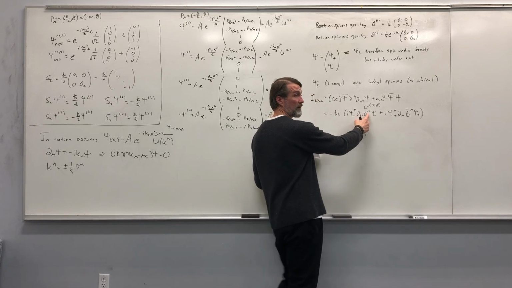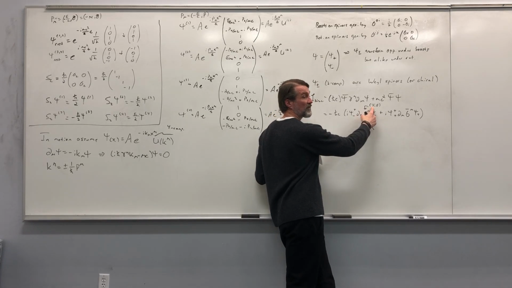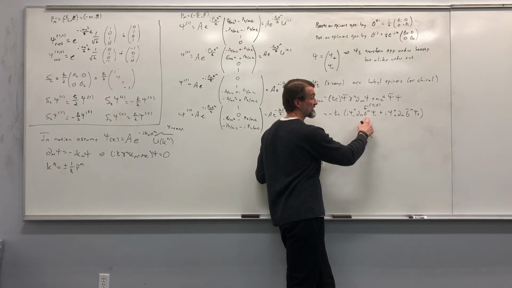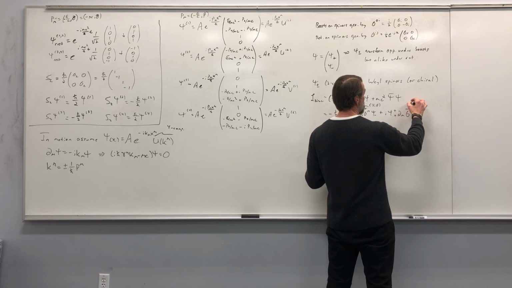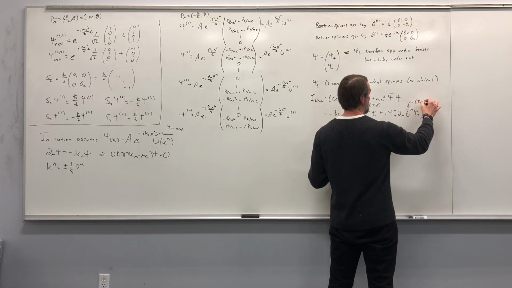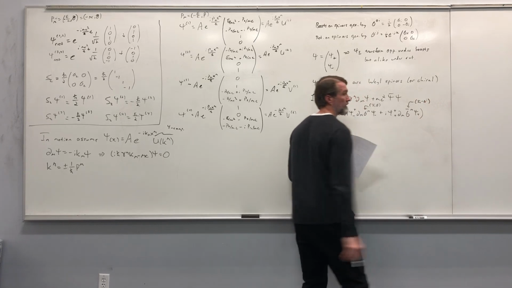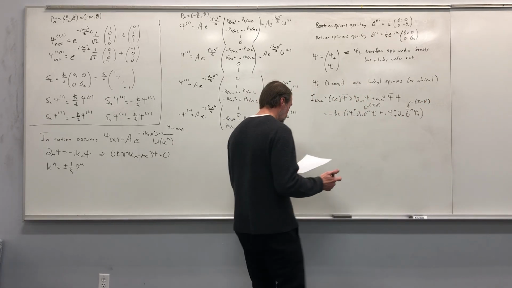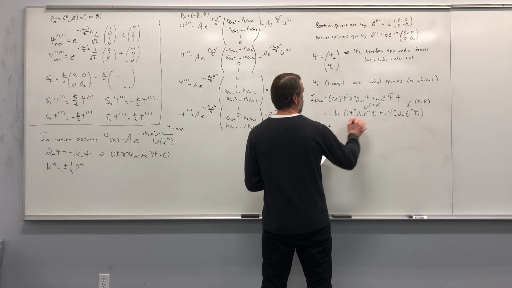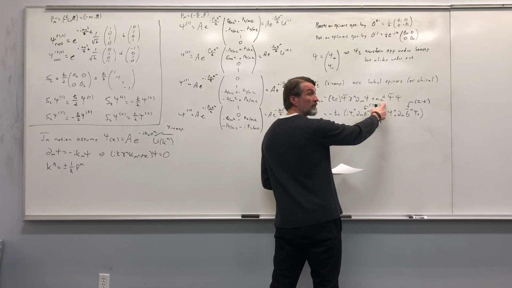So this is a 4-component set. The 0th component is just the identity, and the spatial components are the 3 Pauli matrices. That's what this sigma mu is, okay? And this sigma bar mu is I and minus sigma i. I'm just going to call it sigma bar. All right?